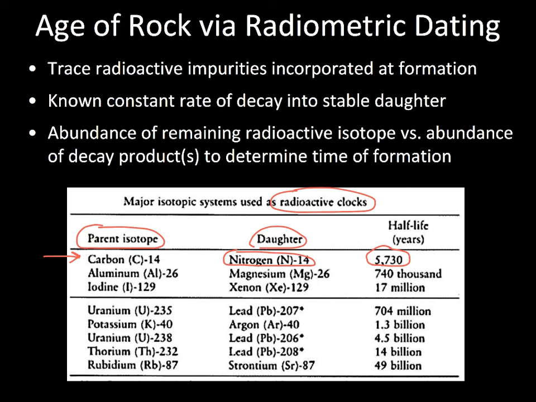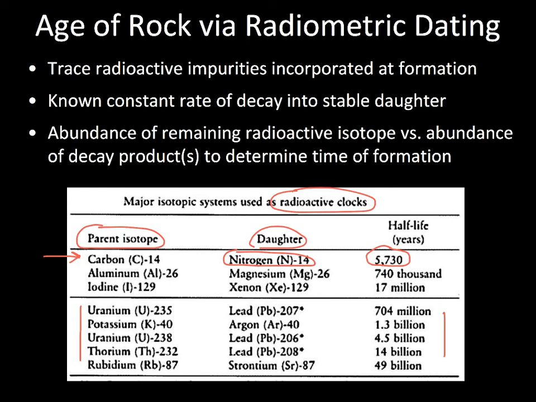So carbon-14 has a comparatively pretty short half-life. So probably not the most useful isotope to date rocks because you would really not be able to date rocks that old. When we look at dating rocks that are much, much older, you want to be looking at some of these isotopes, which these parent isotopes have much longer half-lives.